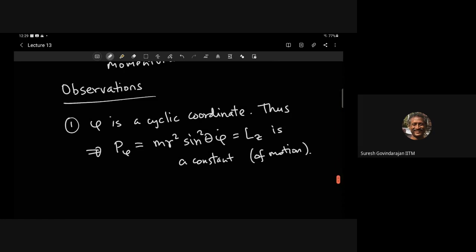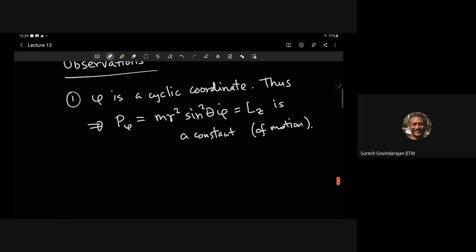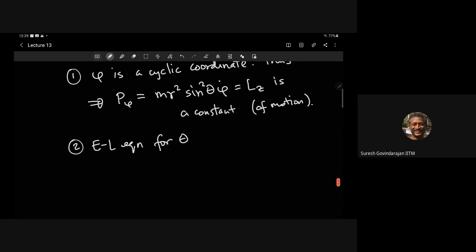Now we already made this observation that P phi is this thing. So now we need to look at equations of motion. So Euler-Lagrange, not equations, because I'll write only one equation for, say, theta now. Do I want to do that first?